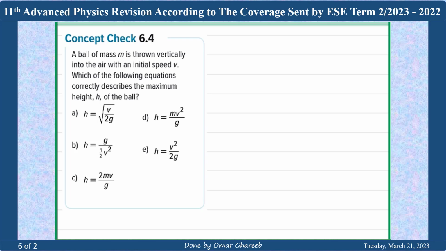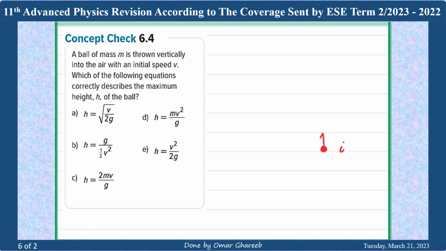Concept check 6.4: a ball of mass m is thrown vertically into the air with an initial speed of v. Which of the following equations correctly describes the maximum height h of the ball? It's a very easy question. Here is the initial position.